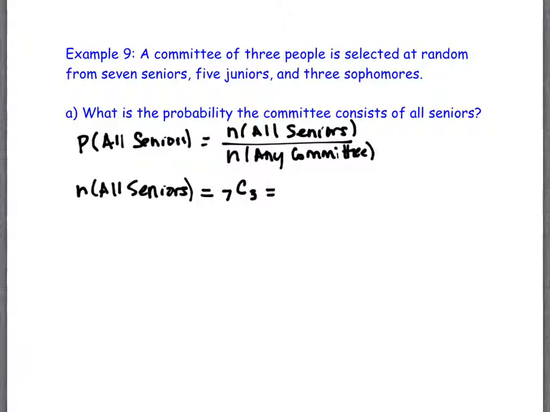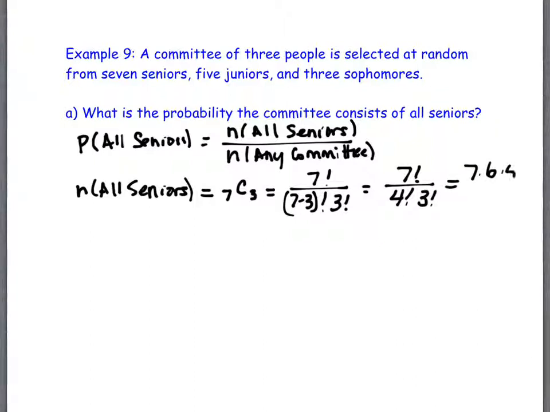All right, so combination means to take 7 factorial on top, 7 minus 3 factorial on bottom, and then 3 factorial on bottom. So what is 7 minus 3 factorial? 4 factorial over 3 factorial.